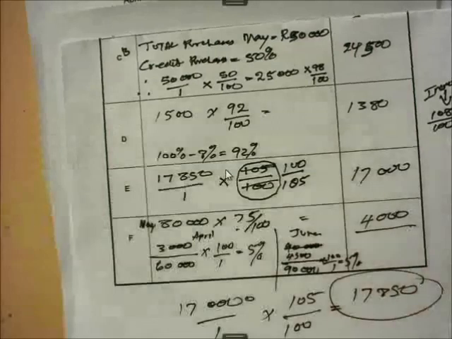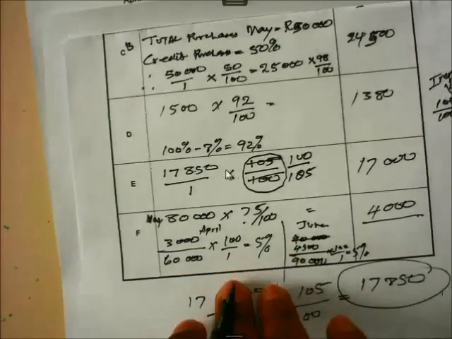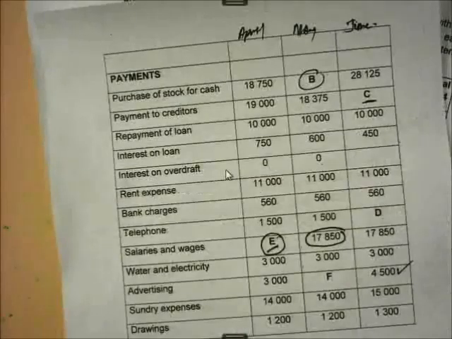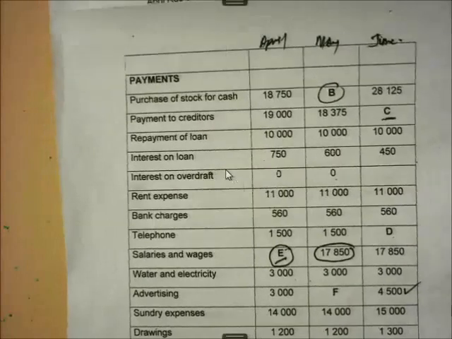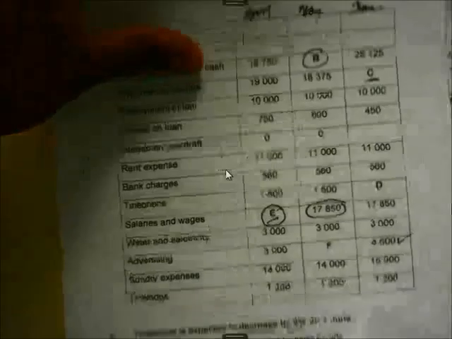We use the amounts for April and June in order to get the percentage. Then we applied that percentage to the month of May. Therefore, we have answered question number 2. We said we must calculate the figures that were missing.